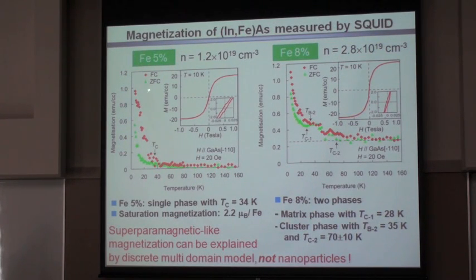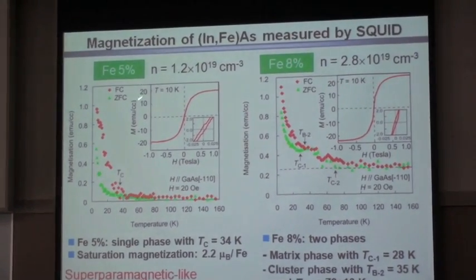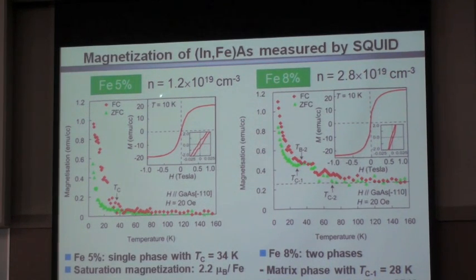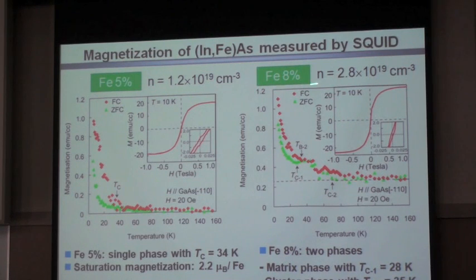And this is magnetization data of the two typical ferromagnetic samples. One is 5% iron, with a carrier concentration of 1.2 times 10 to the 19th. The other one is 8% with a carrier concentration of 2.8 times 10 to the 19th.